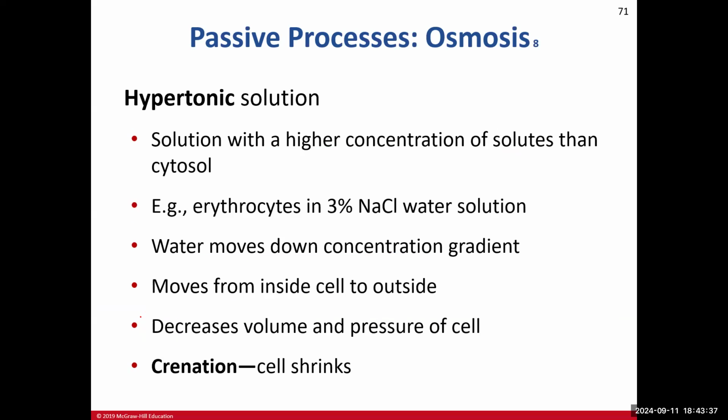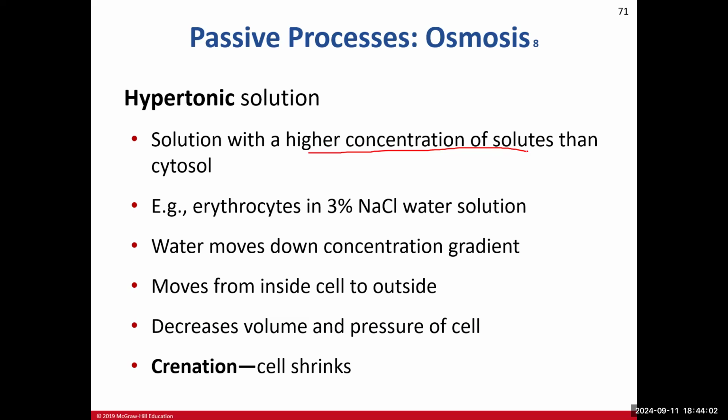All right, the last type of solution is going to be the hypertonic. Right? In a hypertonic solution, that means that the solution, which is the area outside of our red blood cell, has a higher concentration of solutes than inside the cell. So what did we say? Where does water want to go?